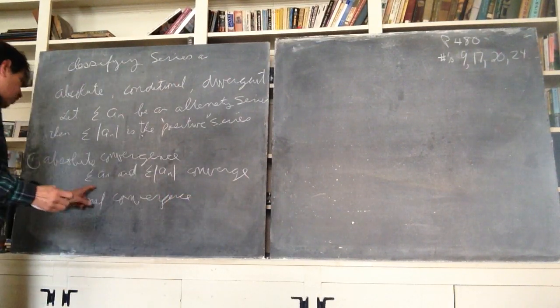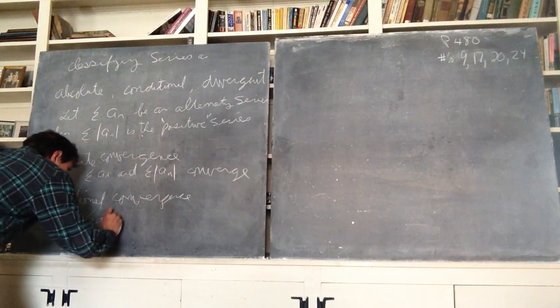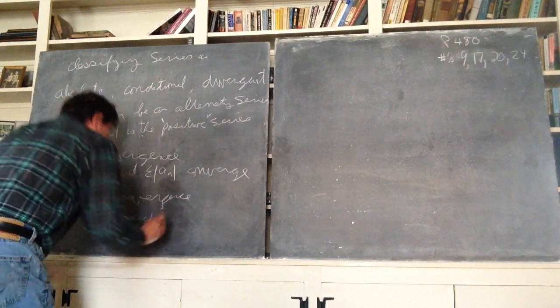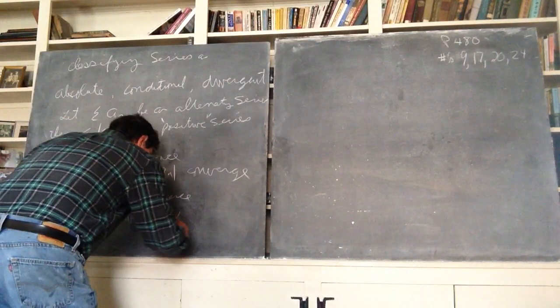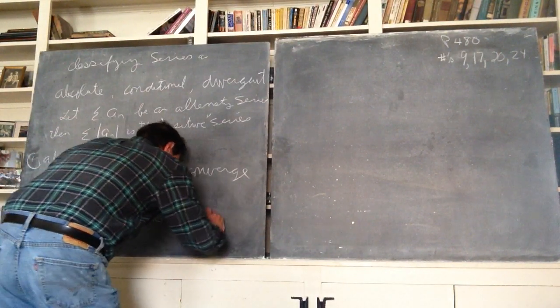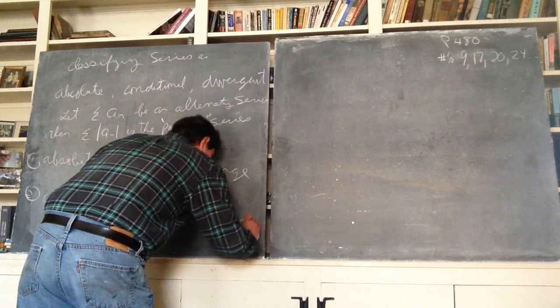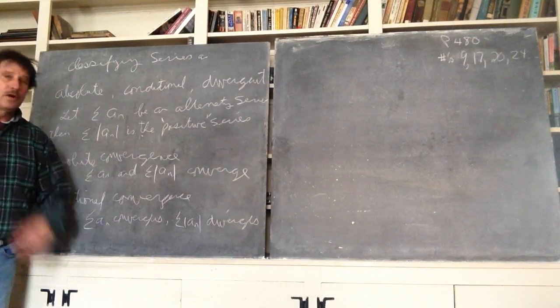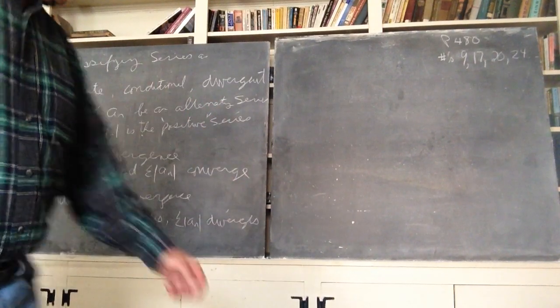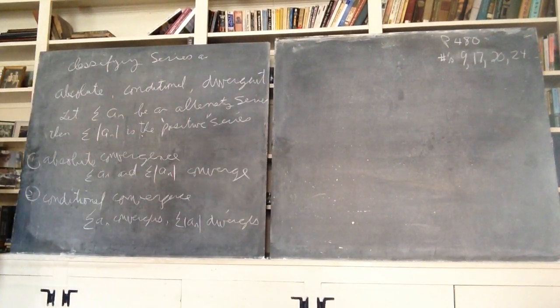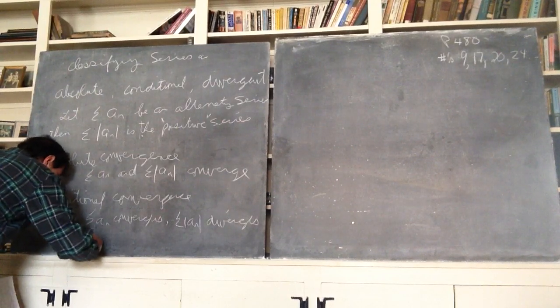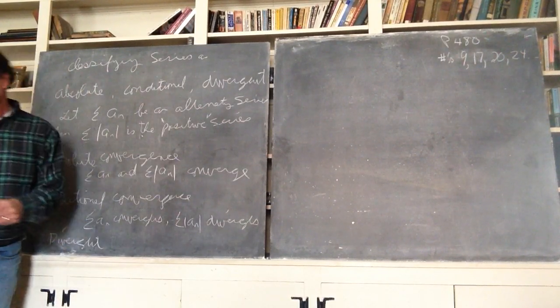That is when the alternating one converges and the positive one diverges. And of course, if they're both divergent, then it's divergent. I'm not sure. Certainly none of these homework problems are divergent.